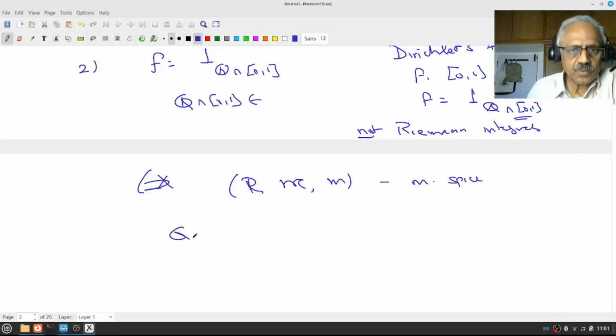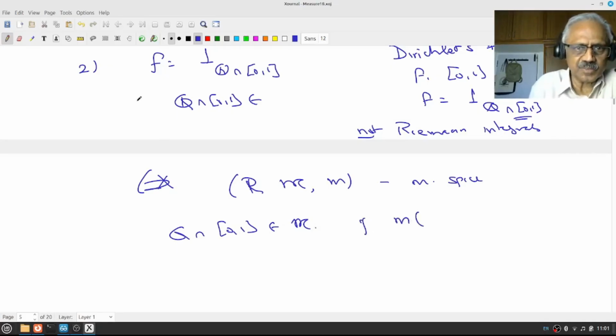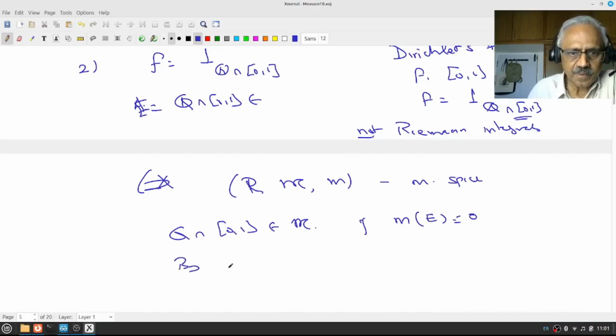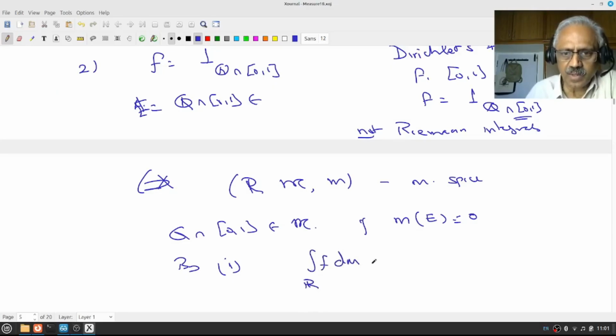Now Q intersection [0,1] is a measurable set, and we know its measure, namely m of this, call this set E, m of E is 0. Therefore, by the first example, we find that the integral of f dm over R is 0.